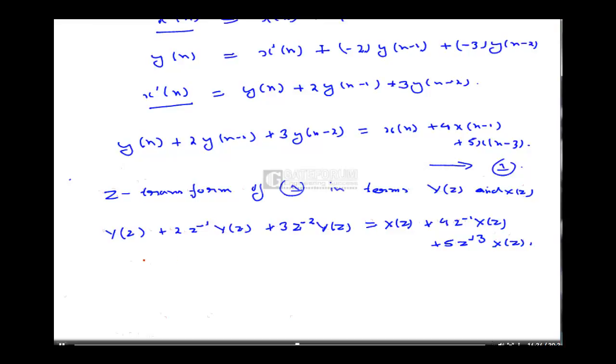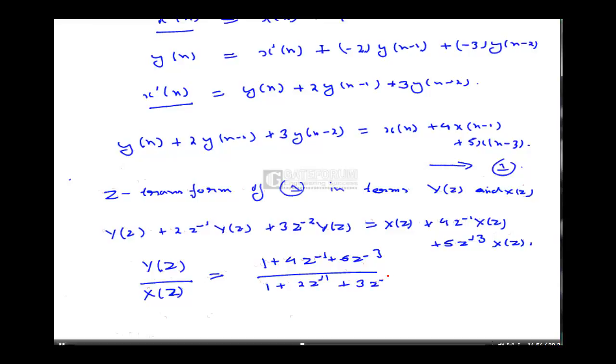I can take Y(z) common and X(z) common from the right hand side and write this as (1 plus 4z^-1 plus 5z^-3) upon (1 plus 2z^-1 plus 3z^-2). So this is the solution, an expression for Y(z)/X(z).